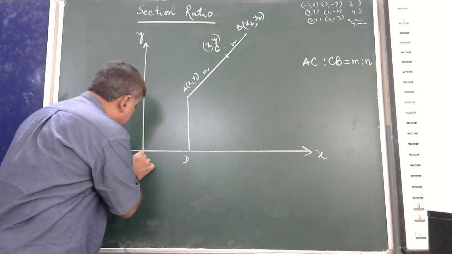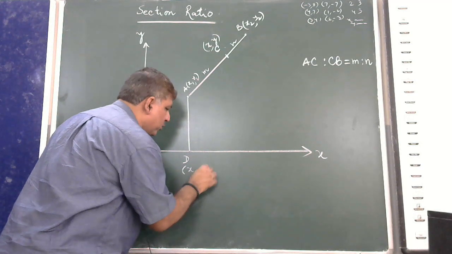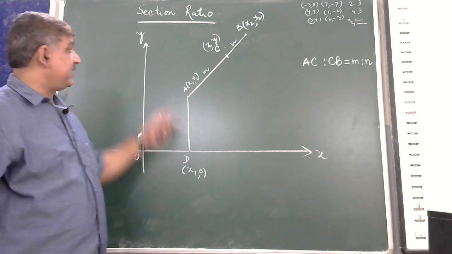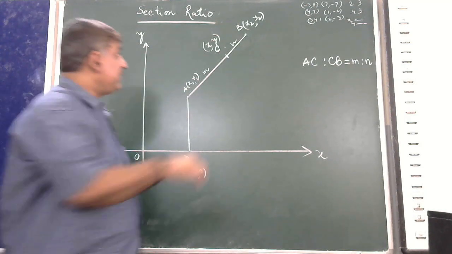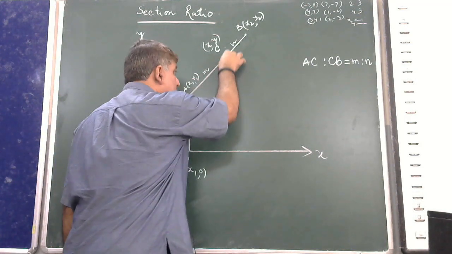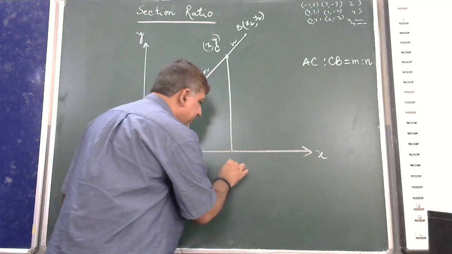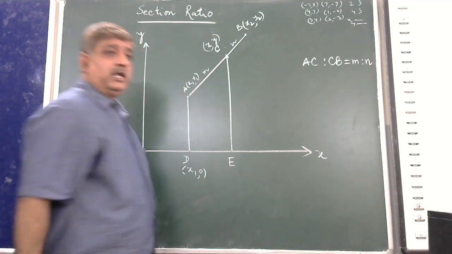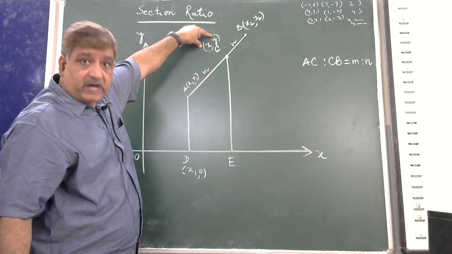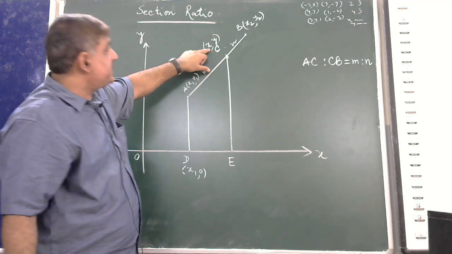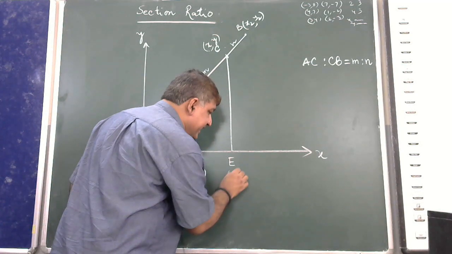Therefore, if this is the origin, the coordinates of the foot of the perpendicular will be x1, 0. If we draw a perpendicular CE from point C on the x-axis, and the coordinates of point C are x, y, then the abscissa of point C is x. Therefore, the coordinates of E are x, 0.